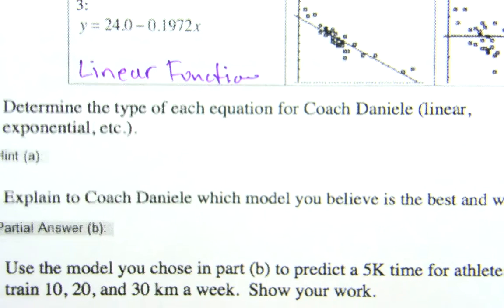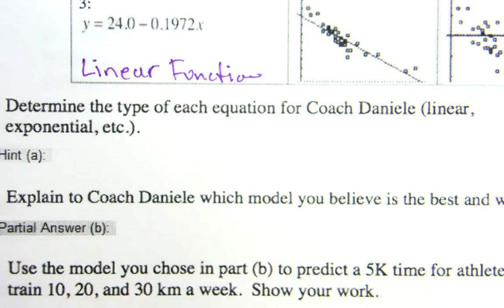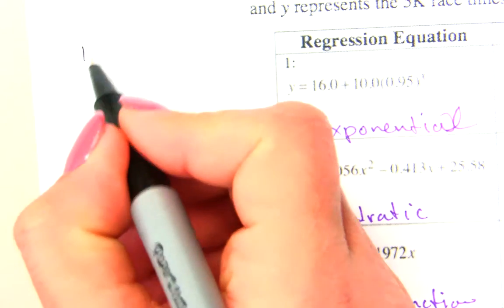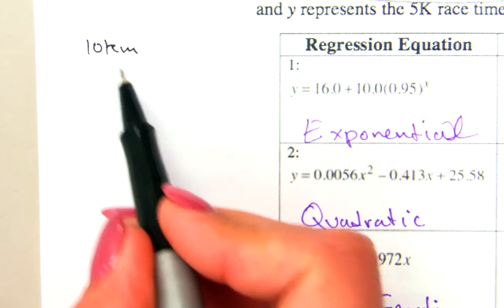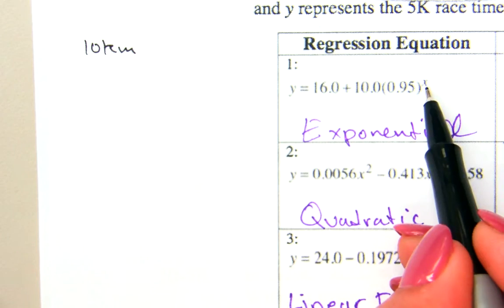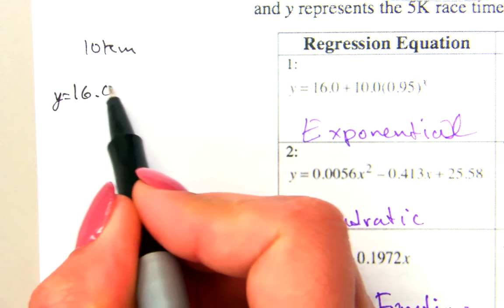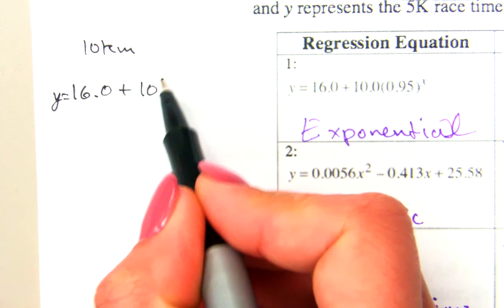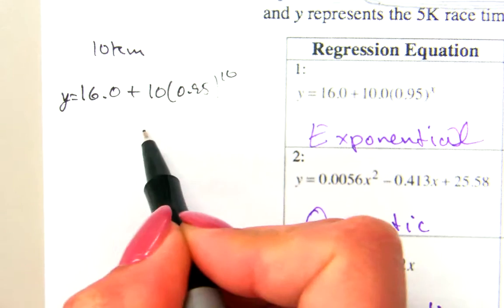So if you run 10 kilometers, where's my black pen? So let's see, I'm going to work over here. So we want to run 10 kilometers, right? So 10 kilometers is going to get replaced in for the X. So Y equals 16.0 plus 10 times 0.95 to the 10th power.